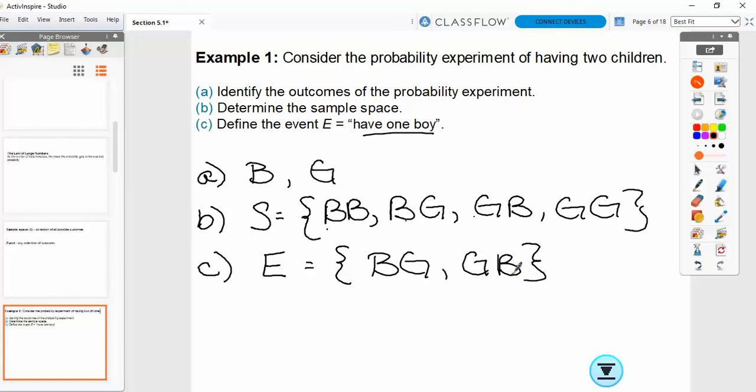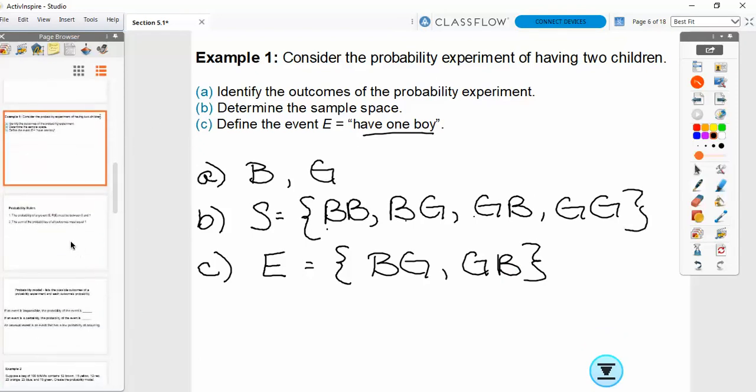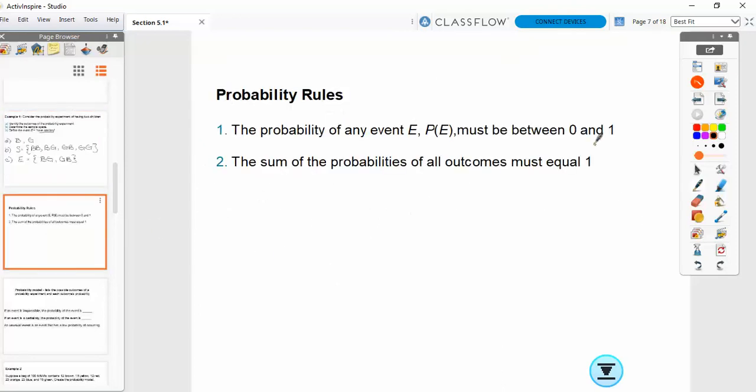All right, we have a few more rules, or a few more definitions. Sorry, beginning of a chapter, we always have a lot of definitions. When we're talking about probability, there are two rules that have to be followed. What is the highest a probability could ever be? 1, 100% chance. What's the lowest? 0. So probabilities always have to fall between 0 and 1.